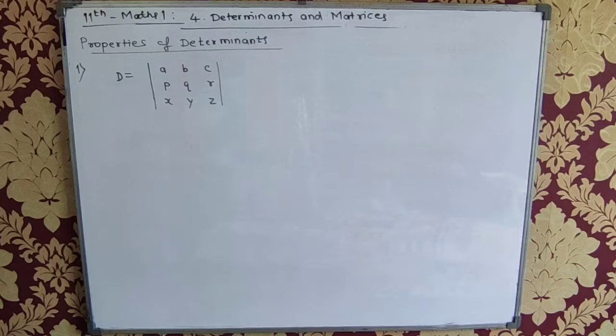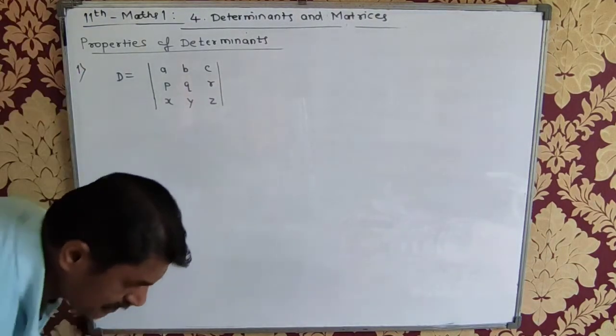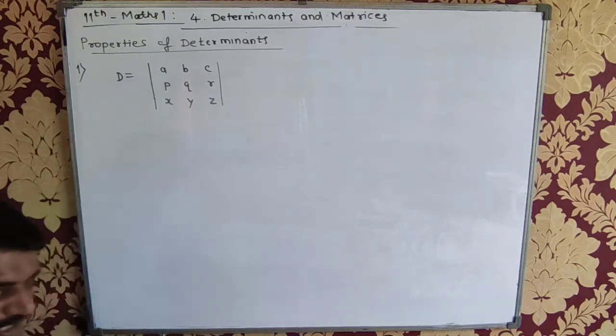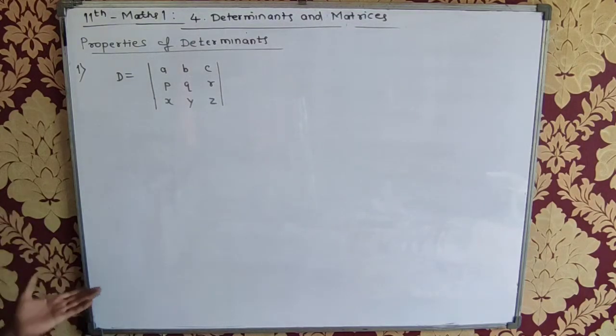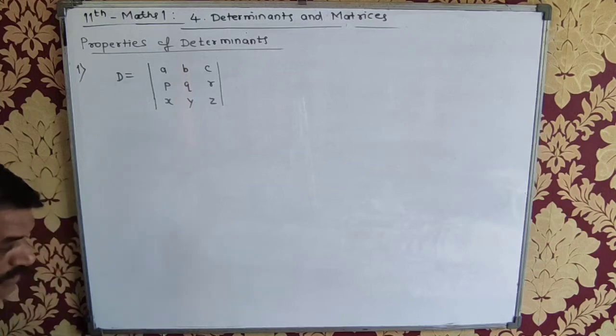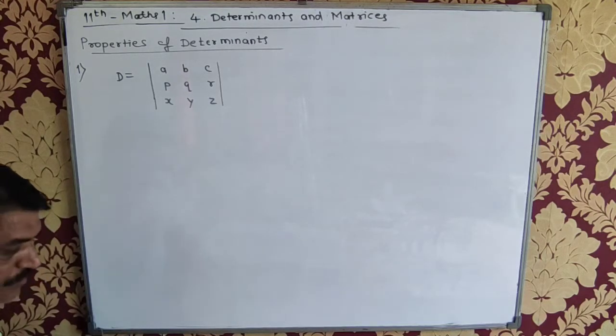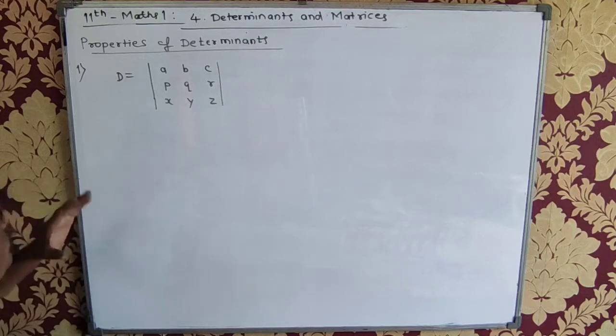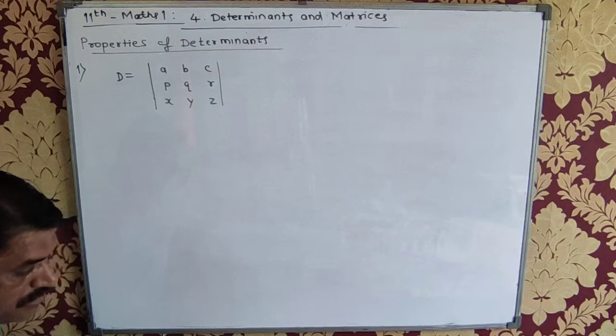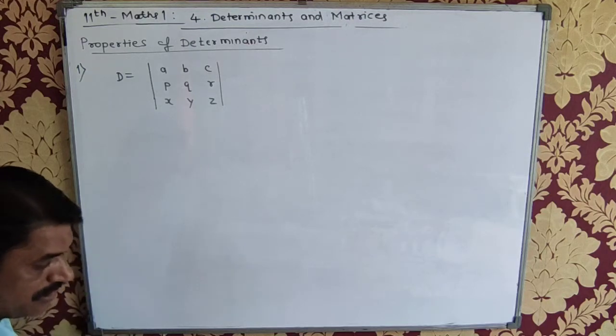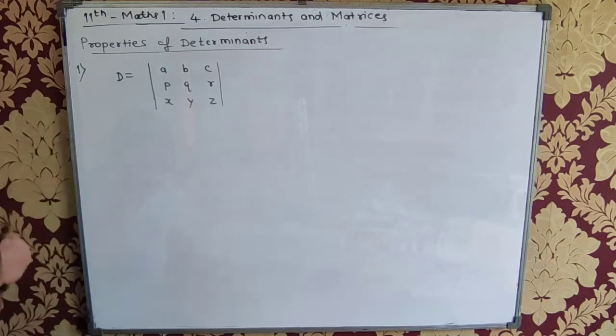Next we go for the properties of determinants. These properties are given in the textbook in the script form. I will read the property and explain it. The first property is given on page number 64: the value of determinant remains unchanged if its rows and columns are interchanged. Rows are turned into columns and columns into rows.